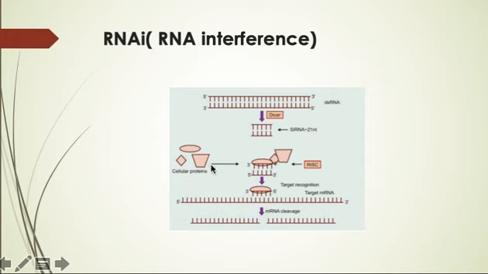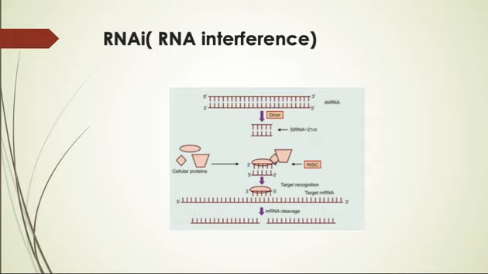So this combines with a cellular protein to form the RNA-induced silencing complex, and this recognizes the target and acts on the target mRNA and cleaves the mRNA into two strands. Okay, so this is the application and the clinical aspect of how RNA interference is used in newer science technologies to help in certain diseases, right?